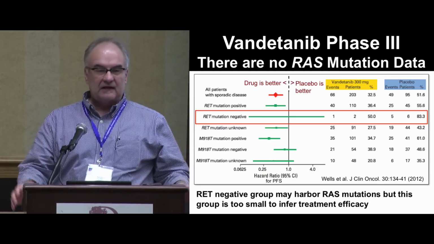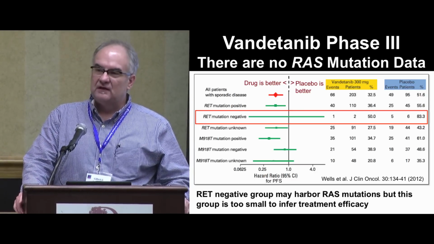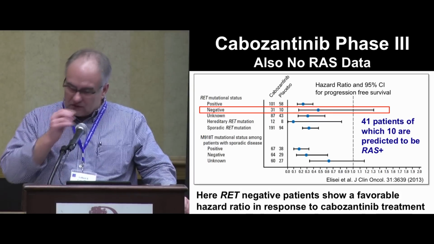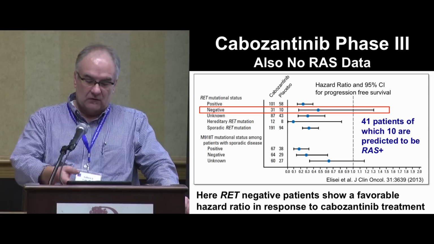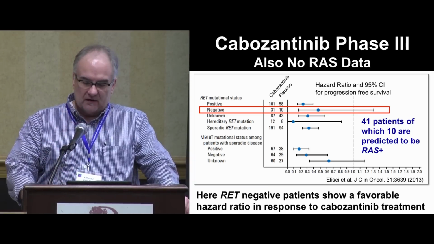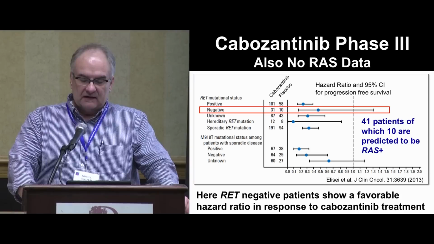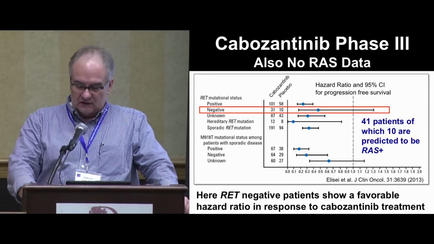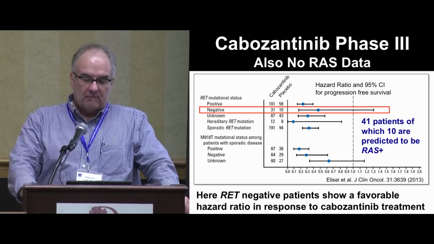So from this study, we don't have enough information to know if vandetanib helps patients that have RAS mutations. We also don't know if you do better on cabozantinib or Cometriq, because you can see, and here the group is a little bit bigger, and at least there is some positive effect, but there's also patients that don't do well. Well, here is where I'm actually going to throw out a positive plug.